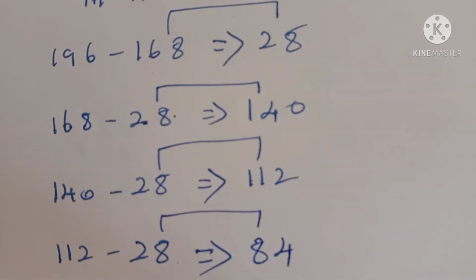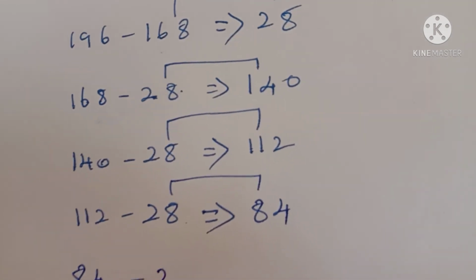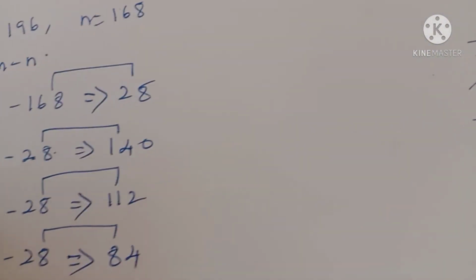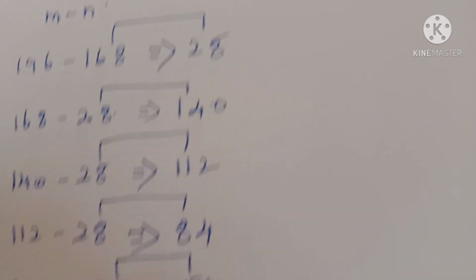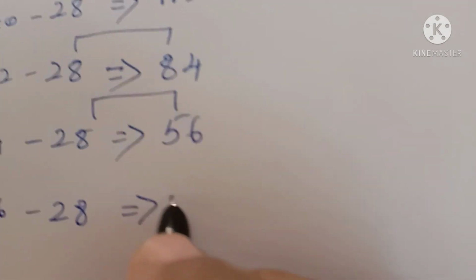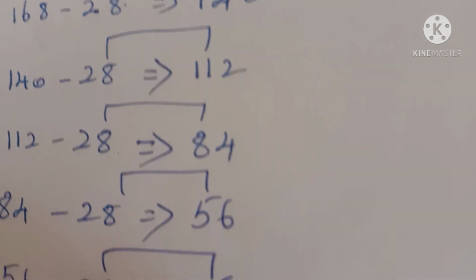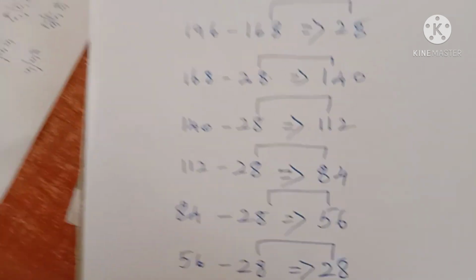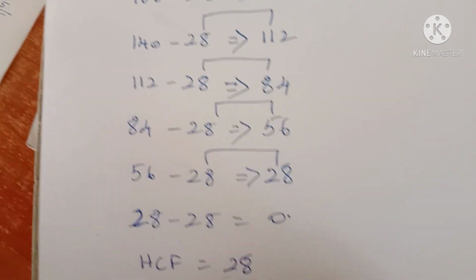Then 84 minus 28. 14 minus 8 is 6. 7 minus 2 is 5. 56 minus 28, which is equal to 28. Then 28 minus 28 is equal to 0. Therefore, HCF is equal to 28.